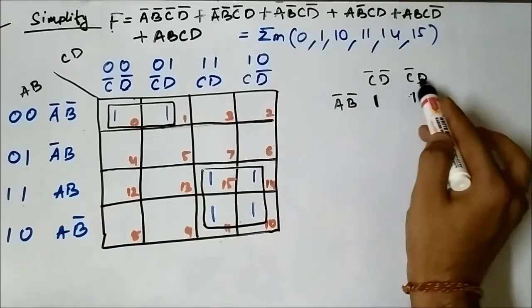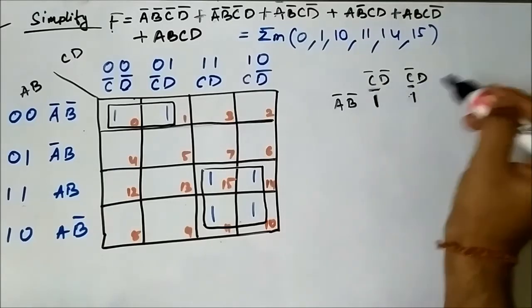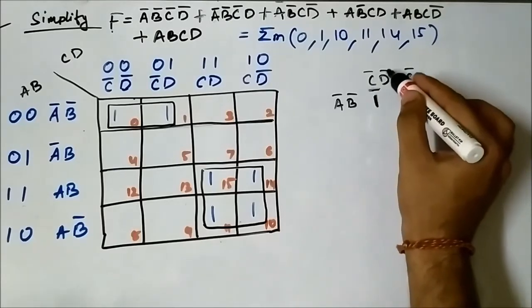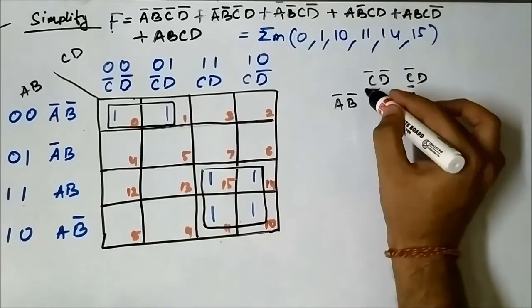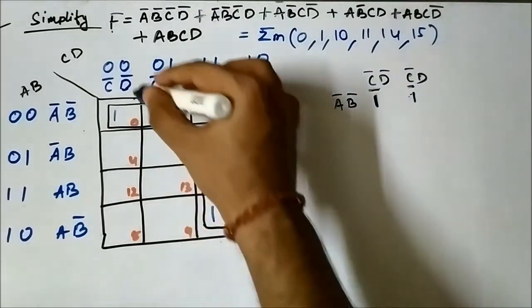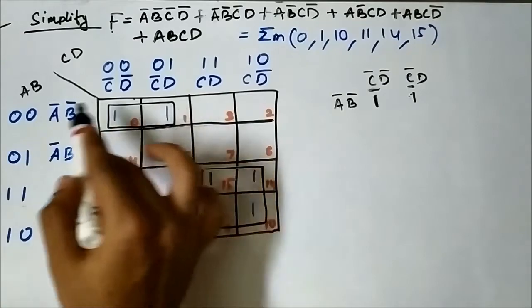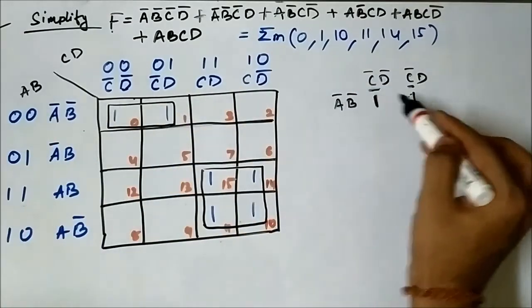So in the vertical side, only c bar is common. D is getting changed, here it is d bar, here it is d. Only c bar is the same in both the vertical components of the cell, and in the horizontal component a bar b bar is there in both cells.